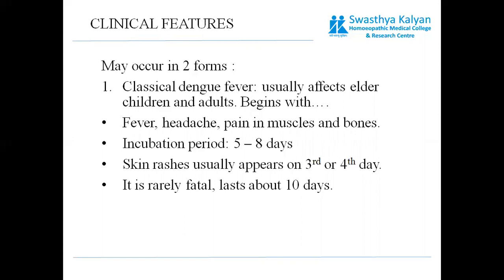It is associated with fever, headache, and pain in muscles and bones. The incubation period is somewhere around 5 to 8 days, skin rashes usually appear on the third or fourth day, and it's rarely fatal. It lasts almost about 10 days.